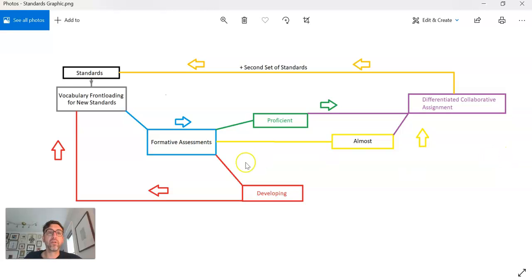All right, so let's say from the beginning you wrote your essay about the different themes in Alice in Wonderland, and then you go through formative assessments and correct some of the errors that you made.